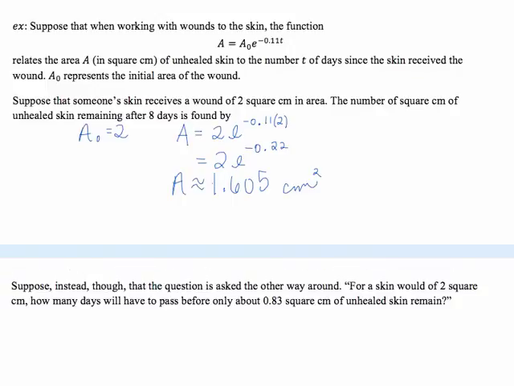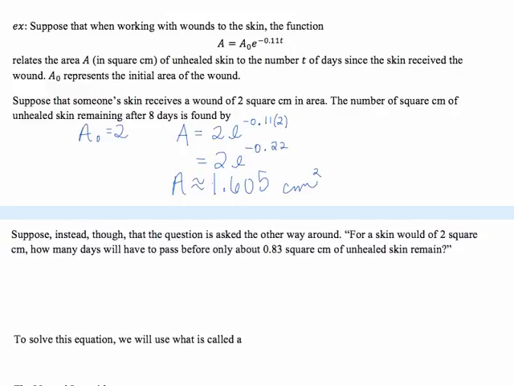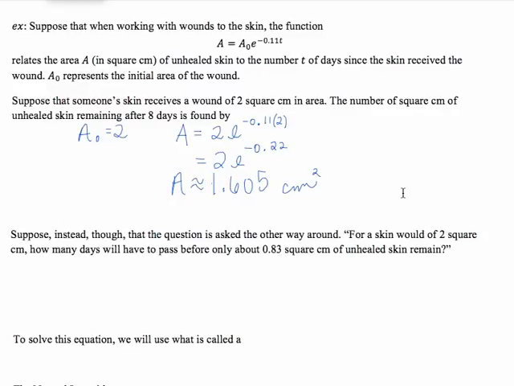But suppose instead that the question is asked the other way around. Suppose instead it's asked for a skin wound of 2 square centimeters, how many days will have to pass before only about 0.83 square centimeters of unhealed skin remain. Okay, so we're instead trying to find how many days.